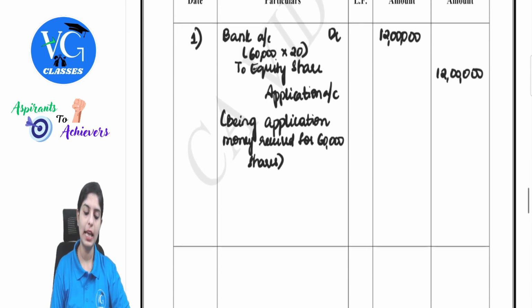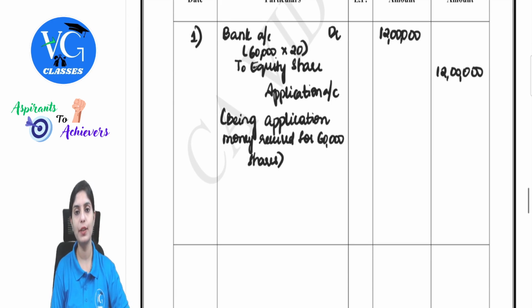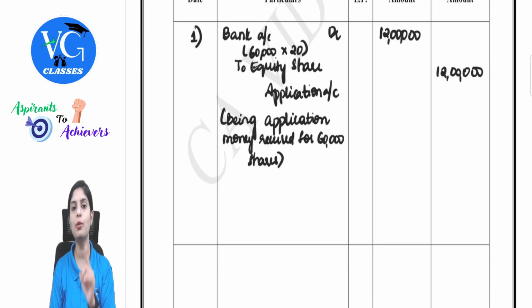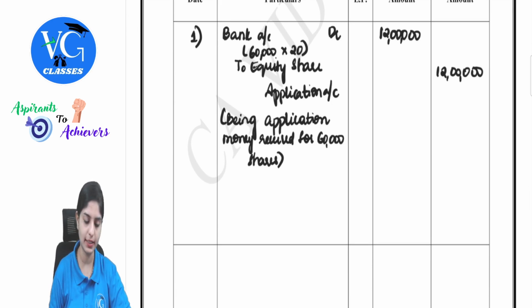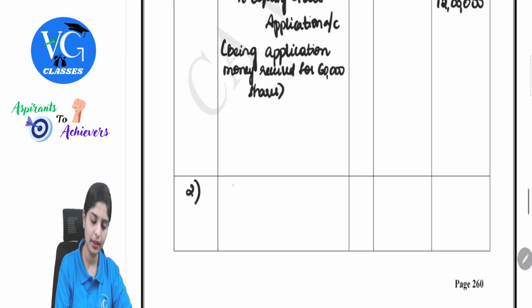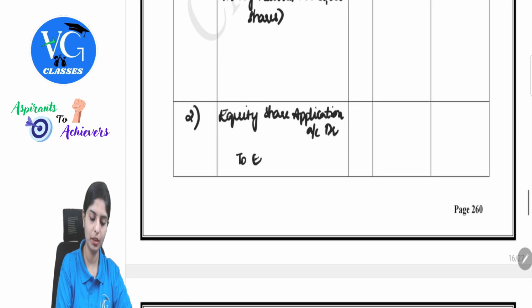So first of all, while we make the transfer entry to share capital, at that time only we have to refund this. So what will be the entry there? Equity share application account debit to equity share capital. This was the normal entry, right?